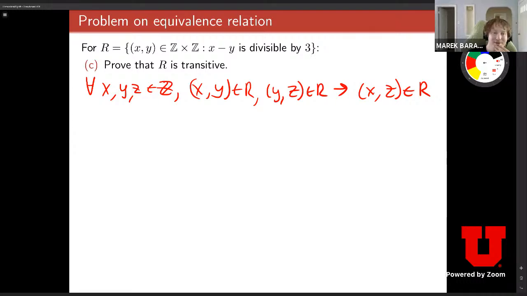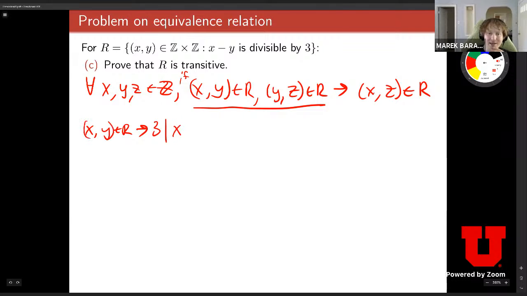Okay, so we'll start by applying the definitions to our assumptions here. x, y is in R. That means that 3 divides x minus y.